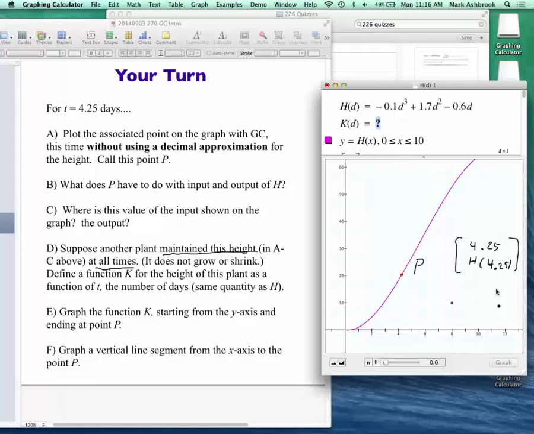I know what it should look like. How's that function going to be defined? K of D equals what?